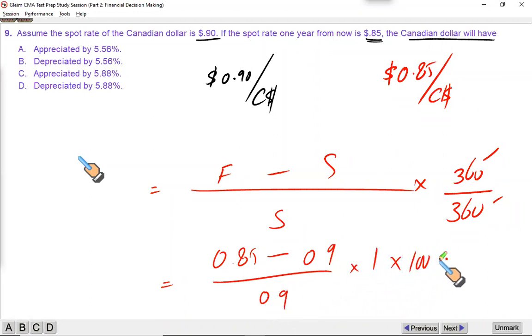Whatever the result is, multiply it with 100. The result is negative, clearly. That means depreciation. 0.85 less 0.9 upon 0.9 is about 5.56% negative. So it is depreciated by 5.56%. That makes B the correct option.